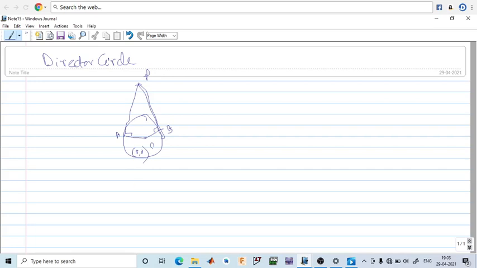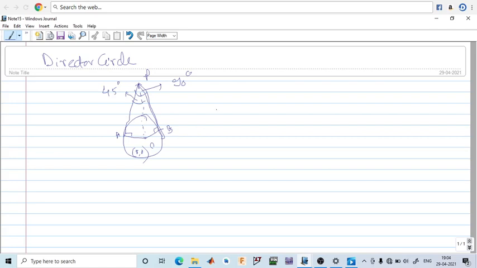If this angle is 90 degrees, that means APBO is a square, then the locus of P is also called the director circle, because we will be getting an equation of a circle, that's why the name is given. So if I join P to B, you will get this angle as 45 degrees, and PAO is a right angle triangle.